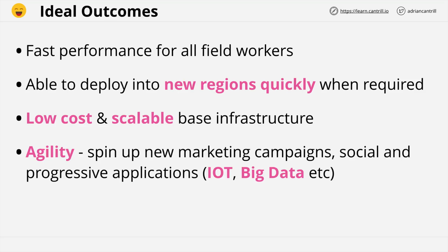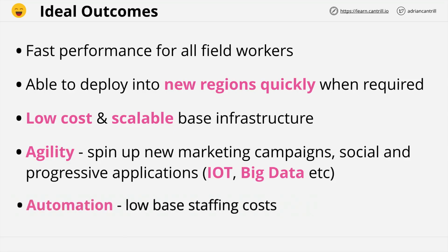It's worth noting that the business is very progressive and it wants to make use of emerging technologies such as Internet of Things, big data, machine learning, analytics, and much more. So whatever solutions are used should support that. And then lastly, related to many of the existing points, automation is paramount.